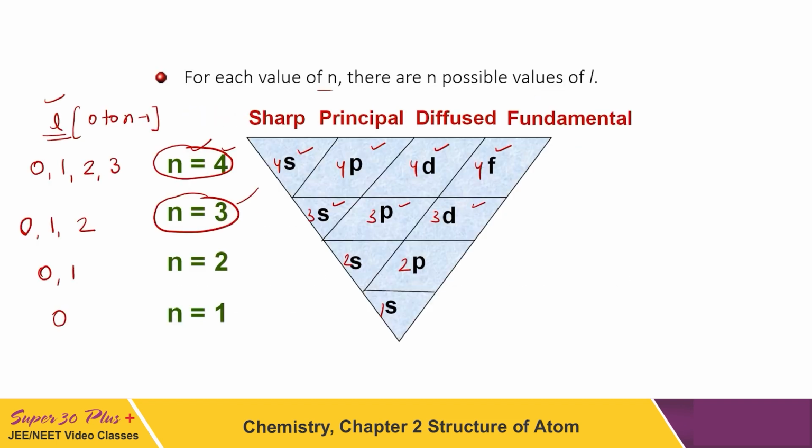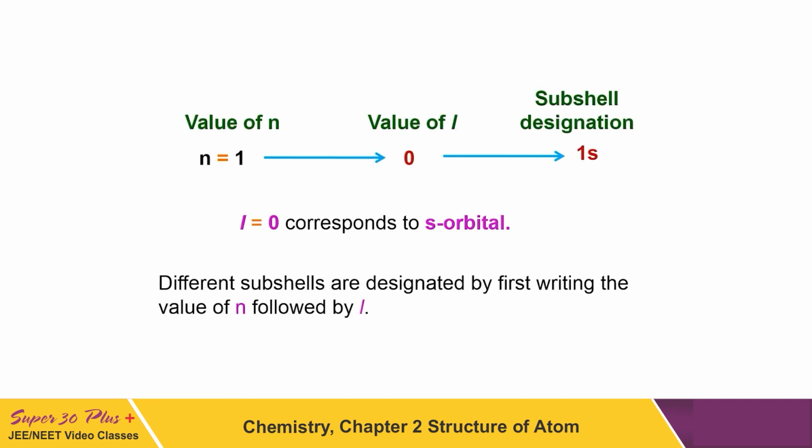And one more thing. These letters s, p, d and f stand for sharp, principal, diffuse and fundamental. And these words have been taken from astrophysics. So if the value of n is 1, then the value of l could be only 0.